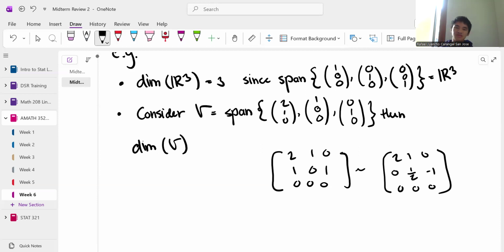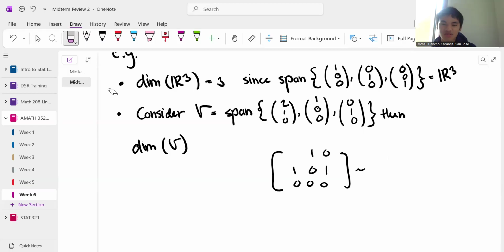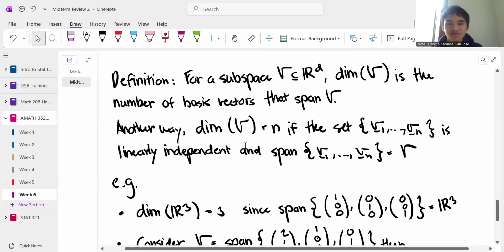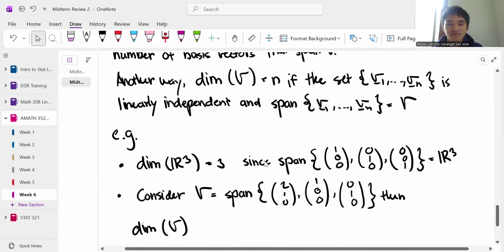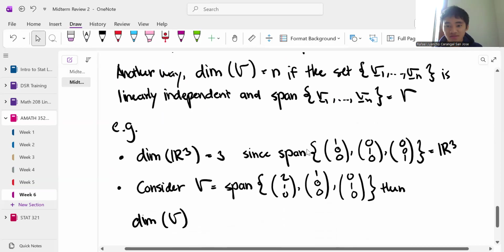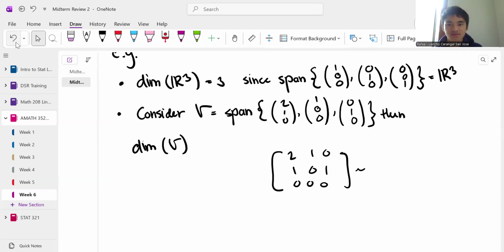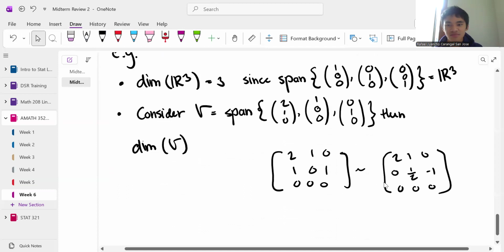So if this set is dependent, that means we can write one of them as a linear combination of the others. And so definitely the dimension is not 3, right? Because that's not what's in our definition. So they don't span V. Wait, do they span V? I forgot to check. Do they have a pivot in every row? They don't.